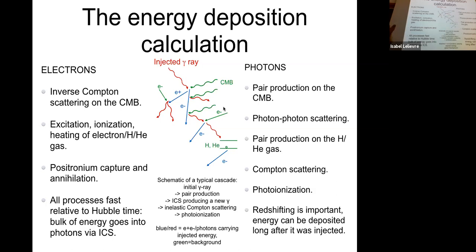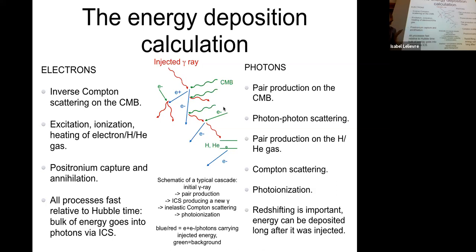So this is going back to the cosmological constraints. I guess I wasn't super clear. I talked about the cosmological constraints in the first lecture. You could do this kind of calculation for the observables we talked about: Big Bang nucleosynthesis, the CMB, and then heating at late times. So you can do this kind of cascade calculation for Big Bang nucleosynthesis. In that case, the universe is 100% ionized, which removes some of these processes.